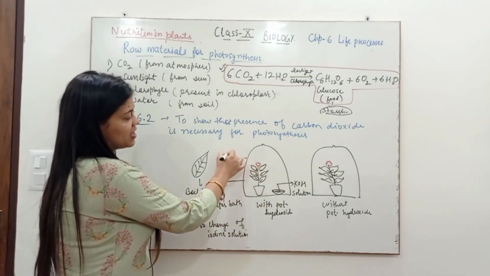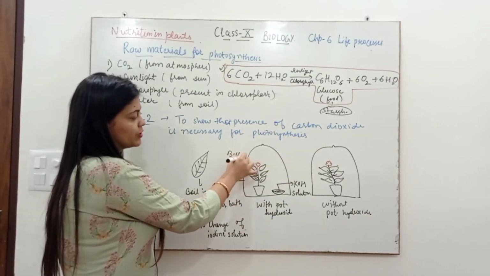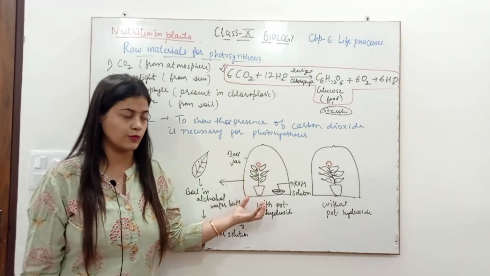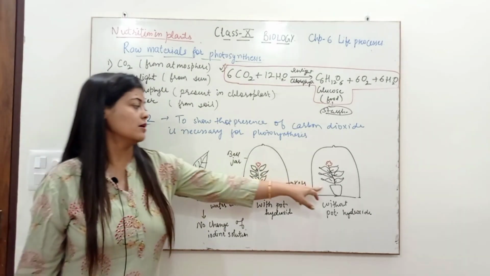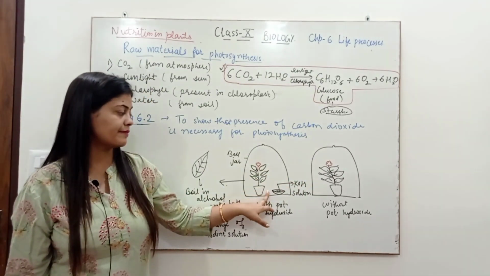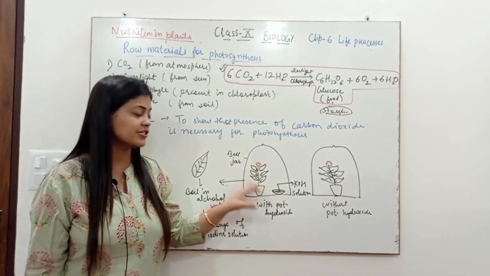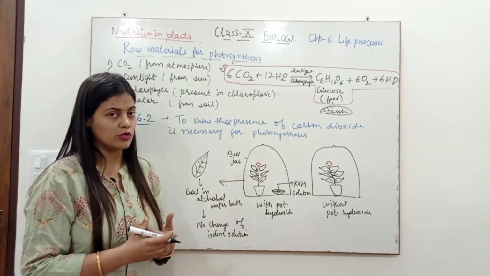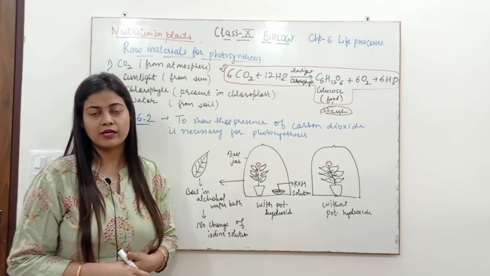This is a bell jar, and these are potted plants because they are in soil in a pot. We have kept one plant in the bell jar in such a way that it is not connected to the outer atmosphere and is not getting any gas from the atmosphere.